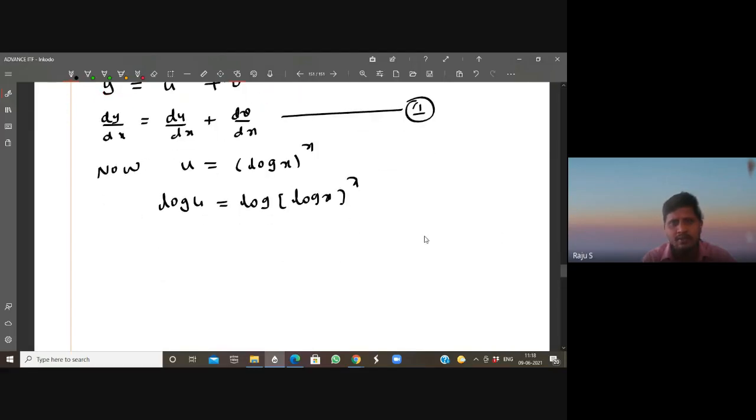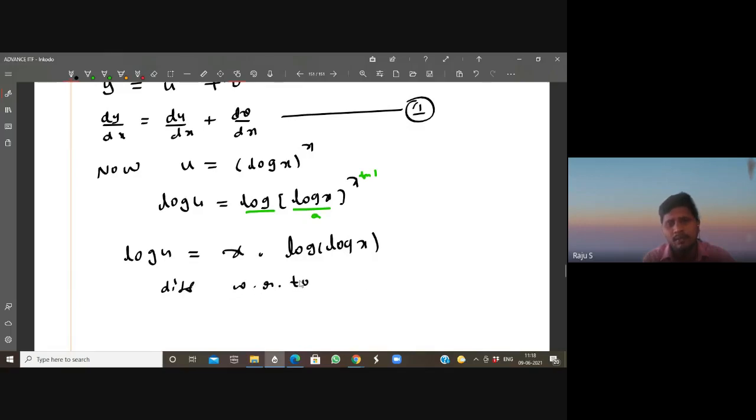So this is in the form of log a power m, which is m log a. So log u is equal to x into log of log x. Now differentiate with respect to x.